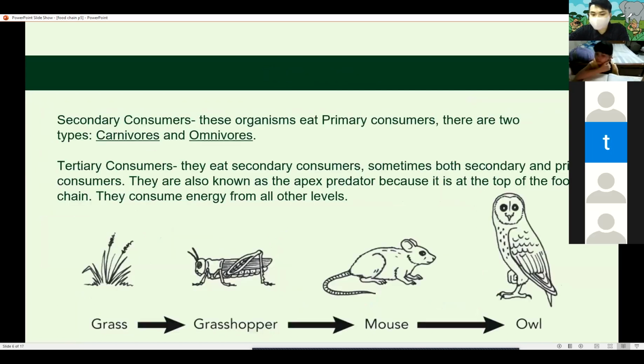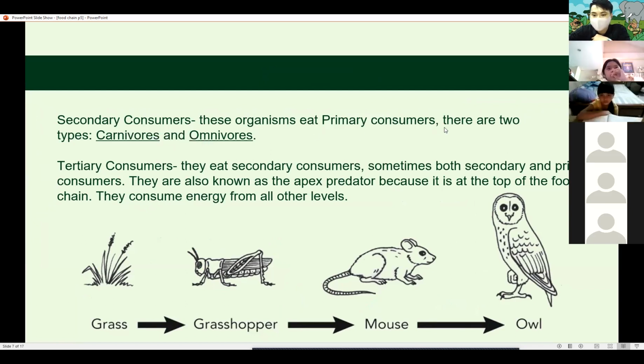So next, secondary. If you say secondary, the second one, okay? The secondary consumers, these organisms eat primary consumers. There are 2 types. We have the carnivores and the omnivores. So here again, here is the producer, correct?